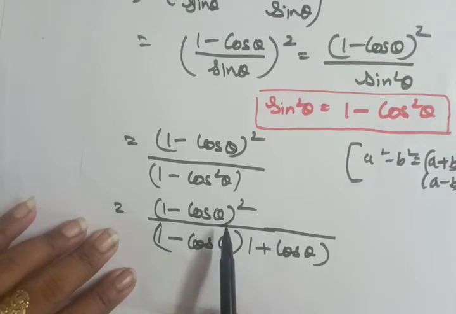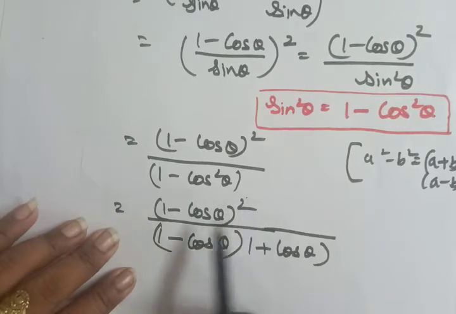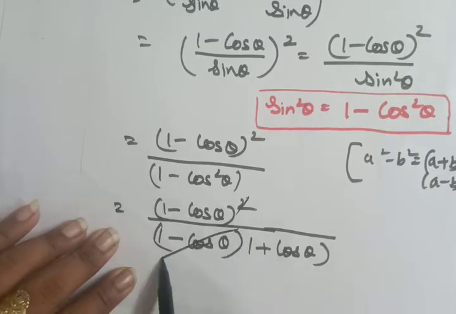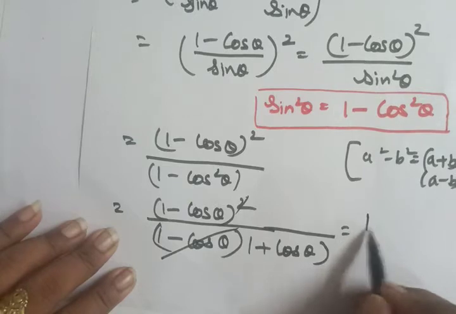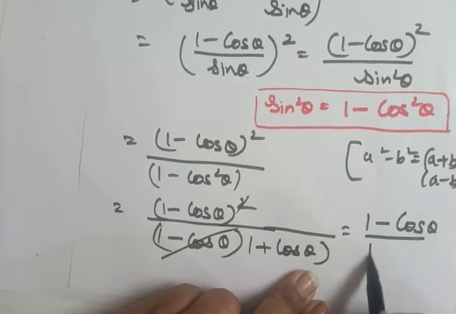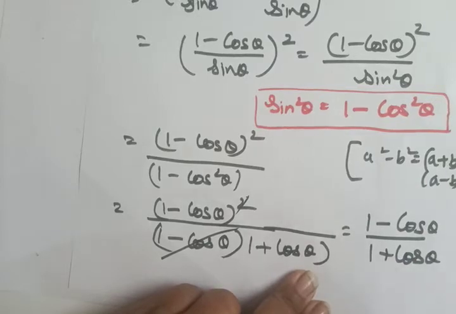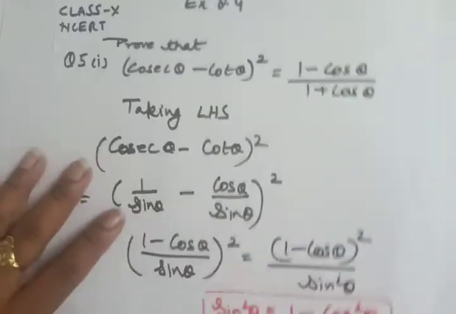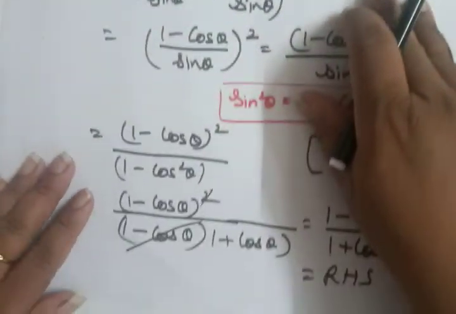So using this identity we have written it like this, and one factor of (1 minus cos theta) cancels out, and we are left with (1 minus cos theta) upon (1 plus cos theta), which is equal to the right hand side that we needed to prove. So hence proved.